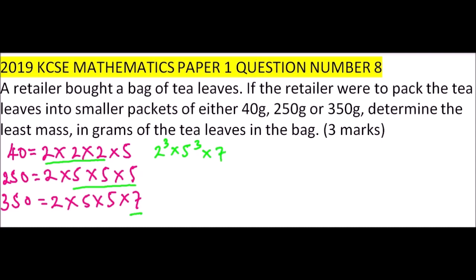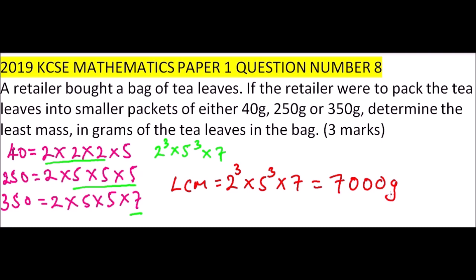So the LCM is equal to 2 to power 3, which is 8, multiplied by 5 to power 3 multiplied by 7, and when you multiply that, you should be able to get 7,000 grams.